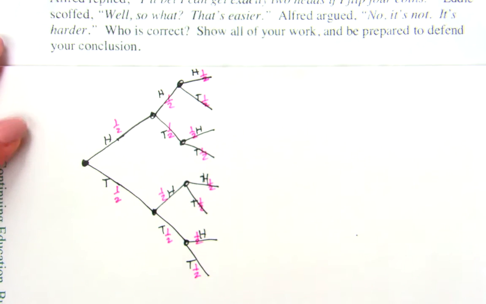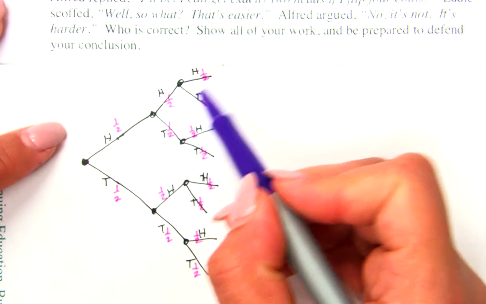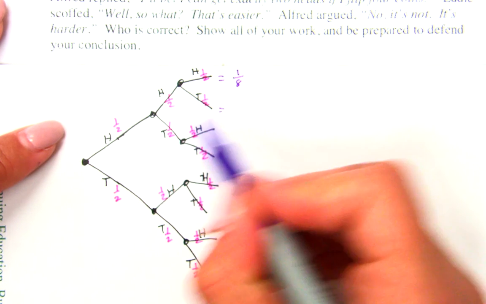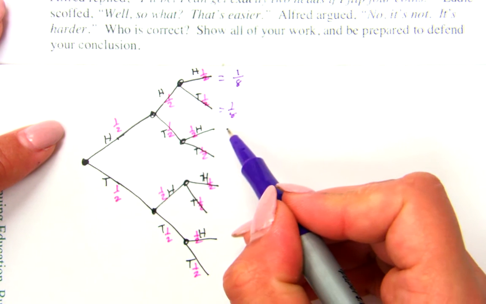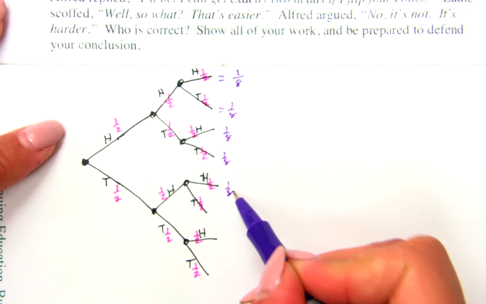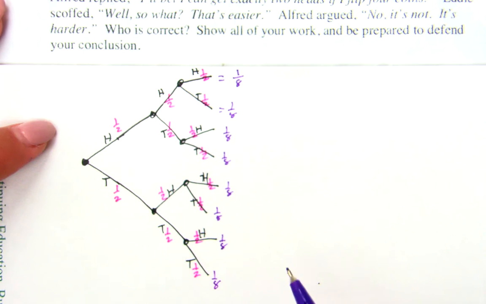So let's see what we have. We're going to multiply the branches, so 1/2 times 1/2 times 1/2 gives us 1 out of 8. This is 1 out of 8, this is 1 out of 8. All of these are equally likely, so it's a 1 out of 8 chance in each one.